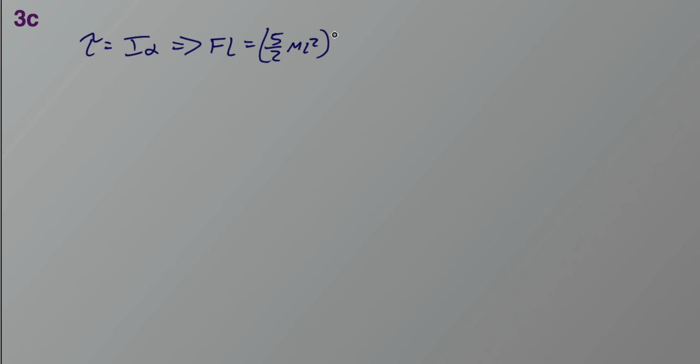And alpha is just going to be omega final, which we call omega, minus omega initial, divided by time, where omega initial, it works out kind of nicely, is 0. It starts at rest.